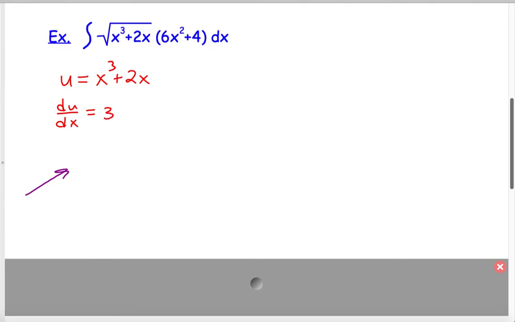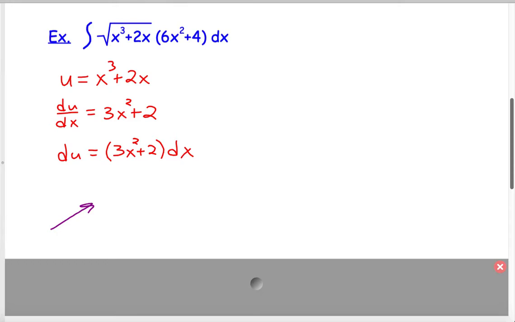And that's going to be 3x squared plus 2, and we look and say, well, we can move the dx over here, but that's not quite what I have here. Although it's almost exactly what I have there. So du is equal to the quantity 3x squared plus 2 times dx.